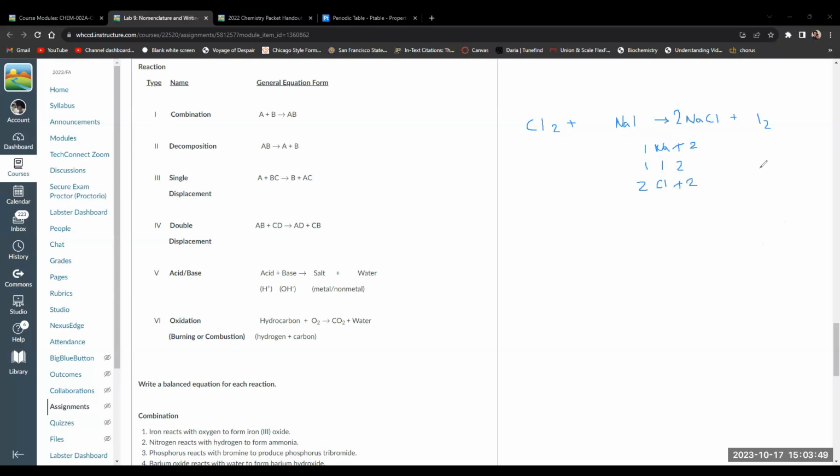So in terms of the reactants, I would add a 2 here. Which changes the reactants to have 2 sodiums, 2 iodines. And now we are balanced. And that's a single displacement.